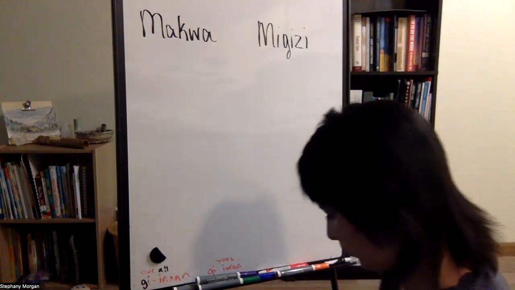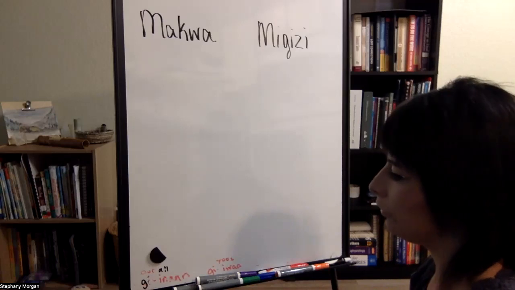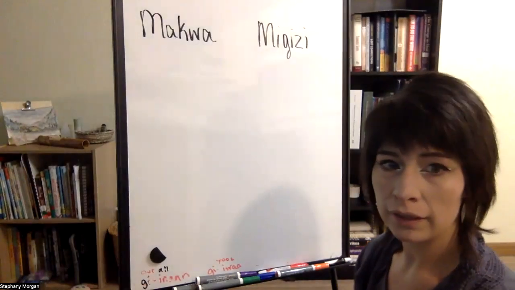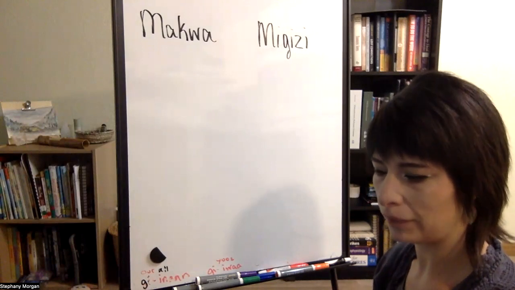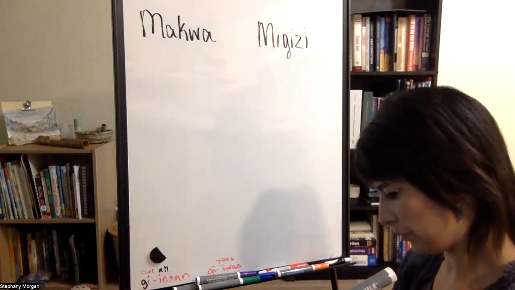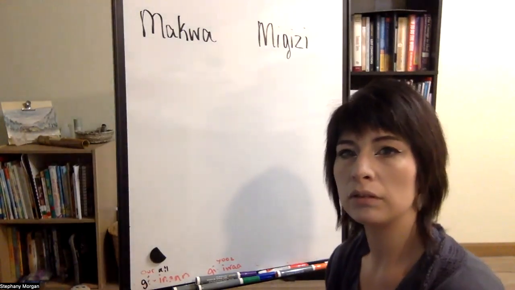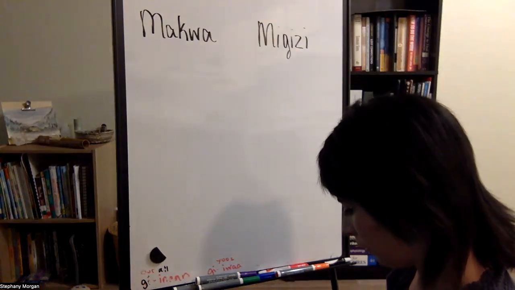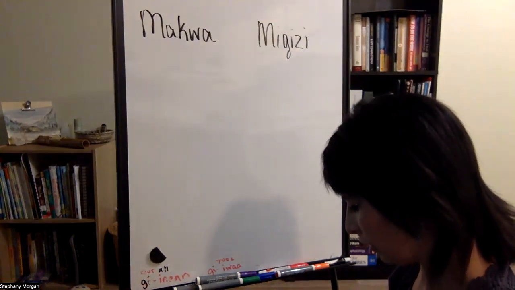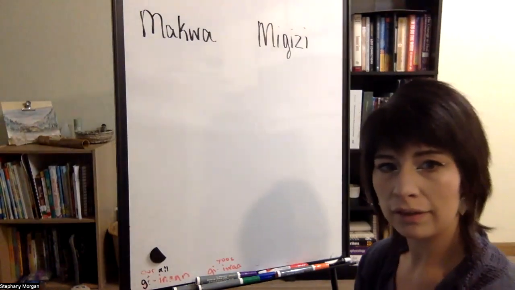So let's say Makwa is cleaning and Migizi is playing. We don't use Winawa, they are cleaning and playing, because they aren't both doing those same actions. One of them is playing and the other one is cleaning. And so we need to put the appropriate markers. So in this case, because it's not really clear if one of them is of more literary importance, I'm just going to assign that to them.